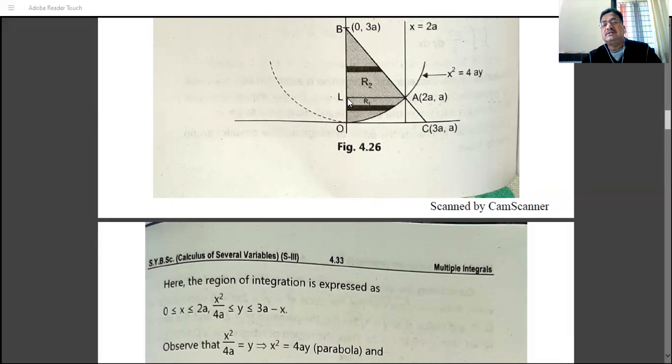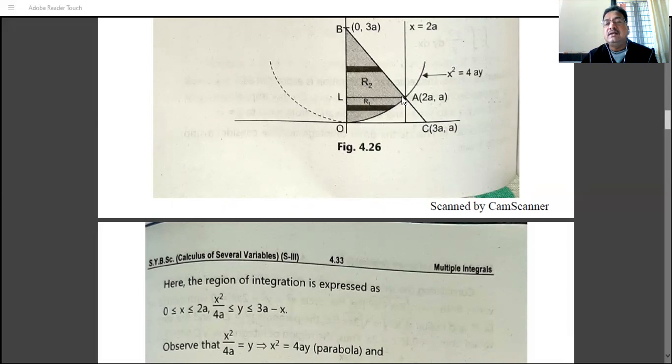That's why the strip touches two curves in covering this region, and that's why we divide the total area of integration into two regions, R1 and R2.